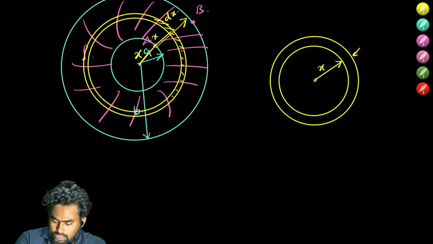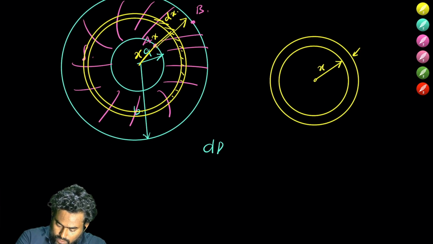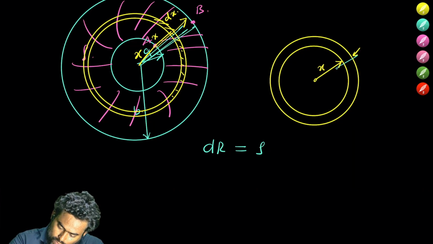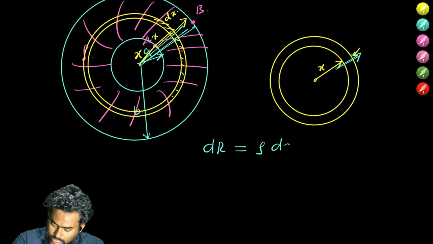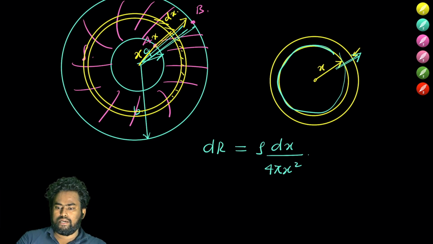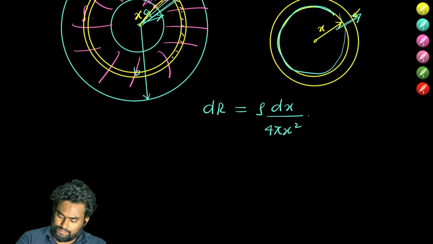So let's write down the resistance of this element. Rho, and the length: from A to B you are going, so dx will be the length, and this one will be your area. Area will become 4 pi x squared, because of the spherical nature.